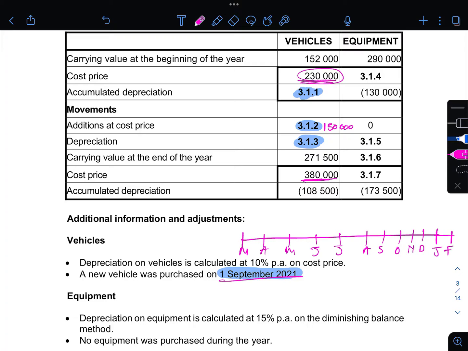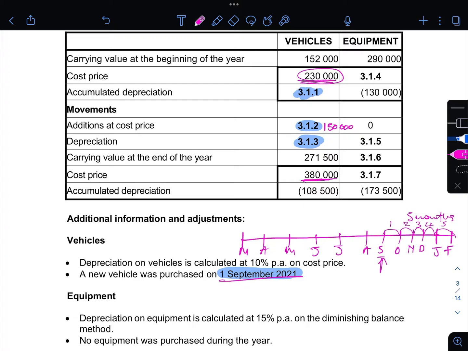If you are really confident, you don't need to draw a timeline, but if you want the most correct answer, I recommend that you draw one. You bought the vehicle on the 1st of September, so we include September. So it's September, October, November, December, January, February: you used it for 1, 2, 3, 4, 5 months.